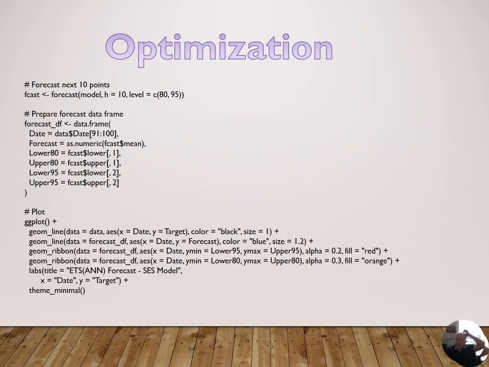Then we're going to forecast for 10 points, right? And we'll look at the data frame and look at the lower and upper for 80 and 95%, and then go ahead and plot the data.